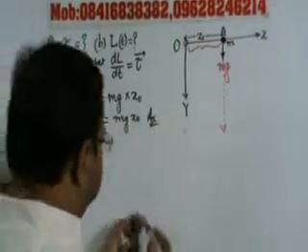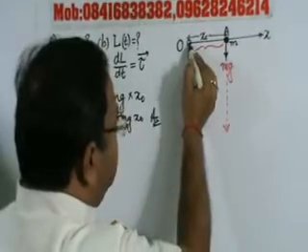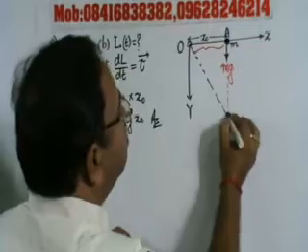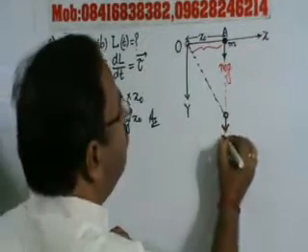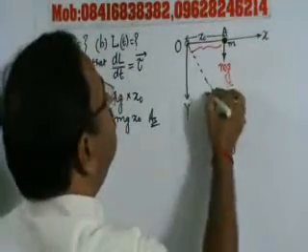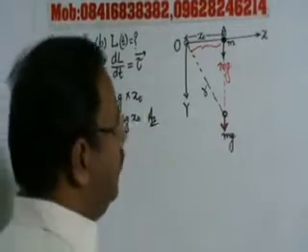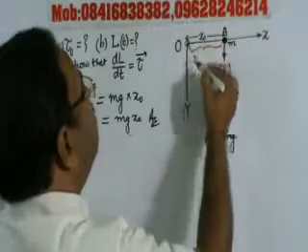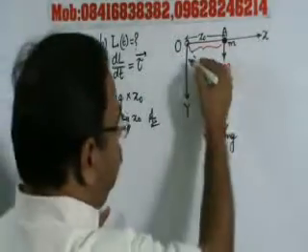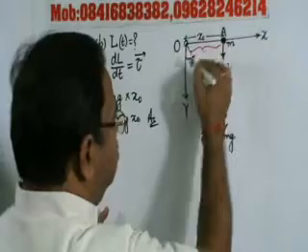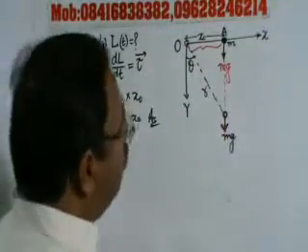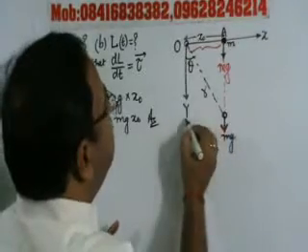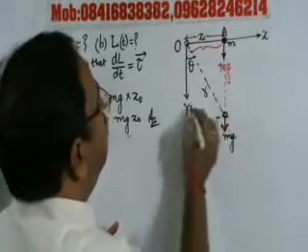Suppose at any instant of time this mass is at this point. The force will be mg, and suppose this is r. Now if this angle is theta, what will be the perpendicular distance?